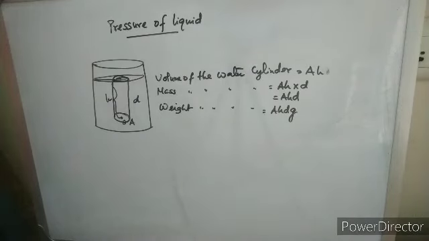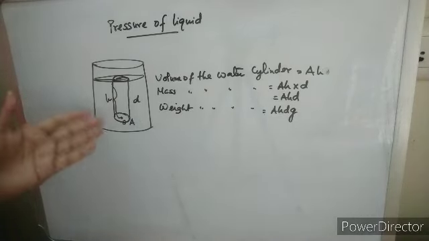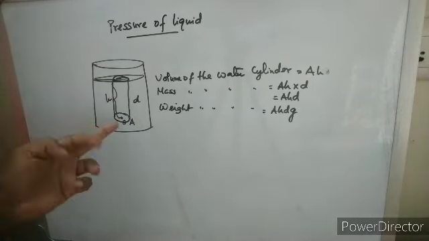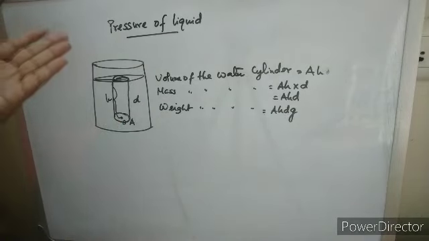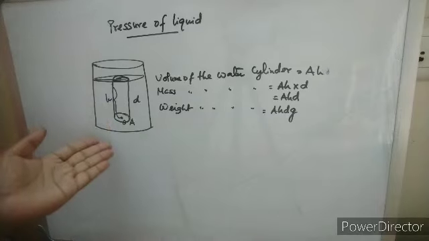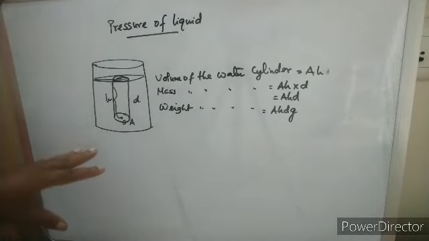So AHDG is the weight of that imaginary water cylinder which is giving pressure at the bottom of that imaginary water cylinder, and this point is not actually at the bottom of the beaker, it is within any place of that water. It may be any point, or it may be the extreme bottom of that beaker also, but for the mathematical deduction, we consider that point O is actually within this liquid.